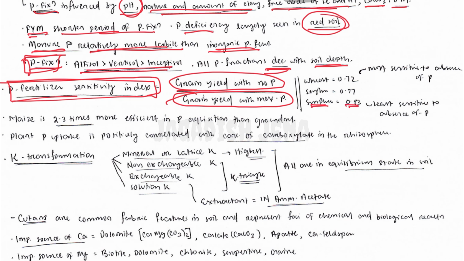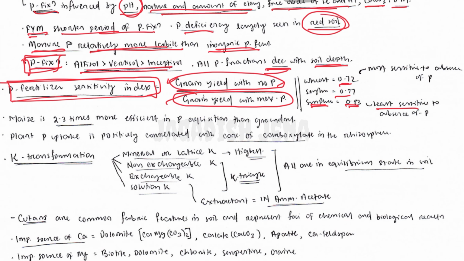It is then followed by sorghum and wheat, and it might vary, right? So if the value is highest, that means we are getting a grain yield without fertilizer that is high relative to the maximum phosphorus application. So that means least sensitive. If the phosphorus fertilizer sensitivity index is higher, then the crop is least sensitive to phosphorus availability. Okay.